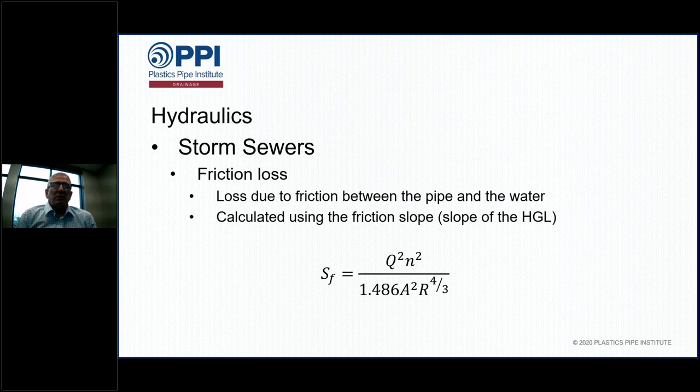This becomes important when your friction slope is steeper than the slope of the pipe barrel. You can imagine if we start at the downstream end and go upstream at a slope that's steeper than the pipe, eventually we're going to go above the top of the pipe. And that's when the hydraulic grade line becomes a concern.